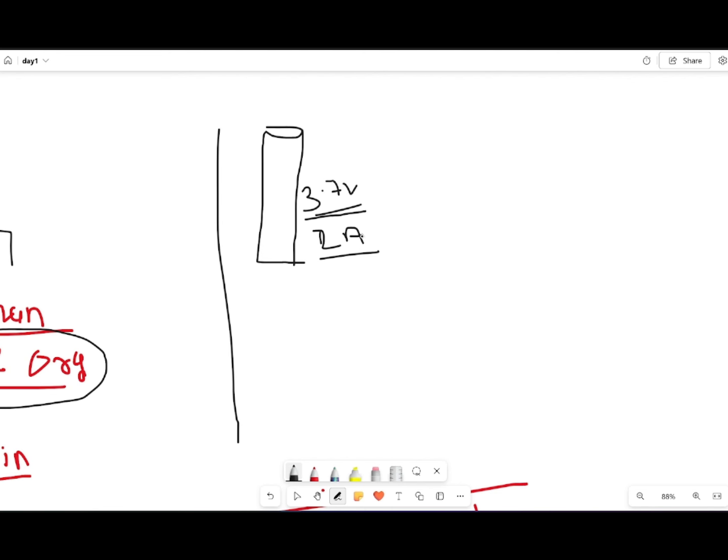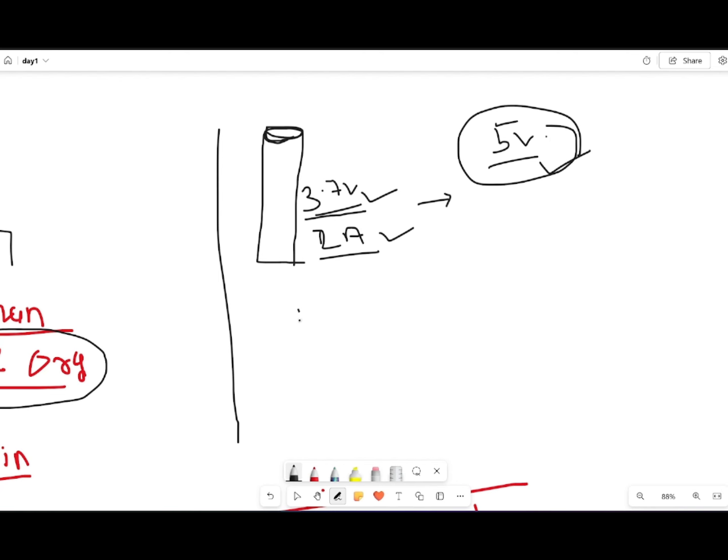So a single lithium ion cell has 3.7 volts and 2 ampere. When we want to run our robots, most robots and most microcontrollers work on 5 volts. So we have to bring our battery up to 5 volts.